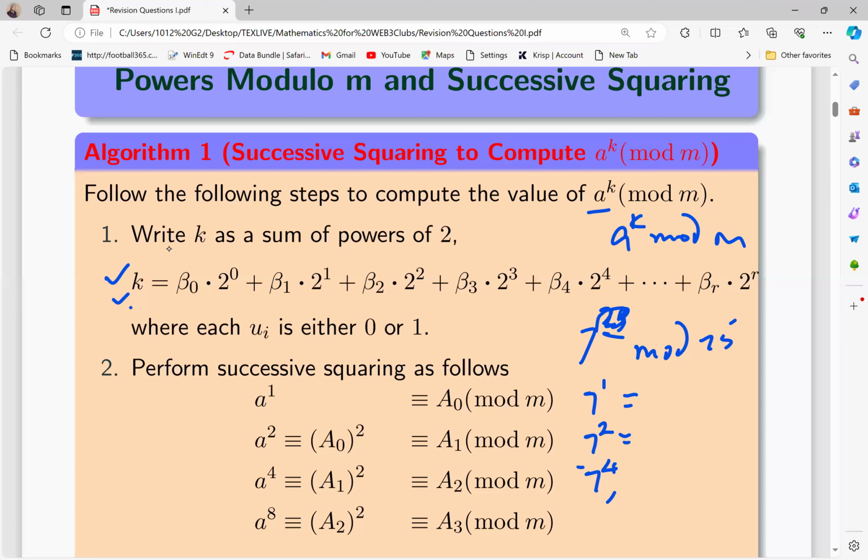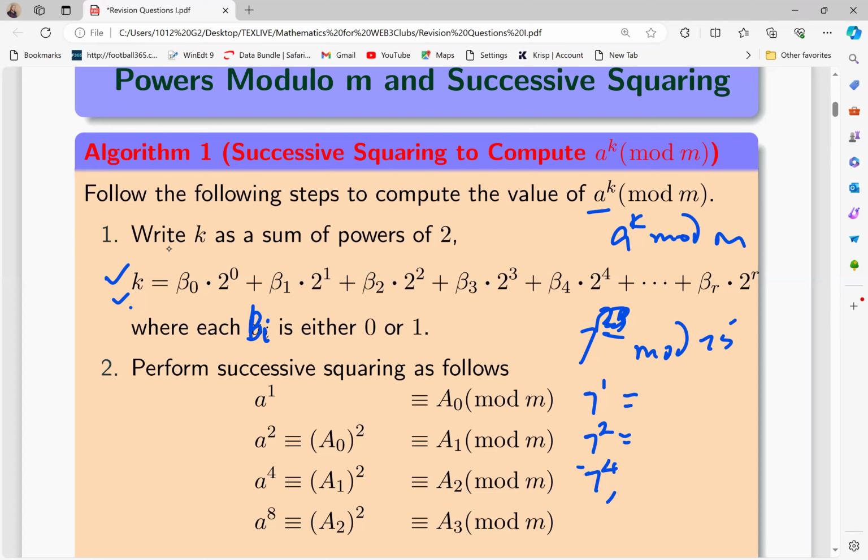And so that's what I've said here. The first thing, you write this power in binary form, where I've written here. In this case, this one is not supposed to be U1, it's supposed to be beta i. Beta i is either 0 or 1. When you convert a number to binary form, the digits are either 0 or 1. Is that okay?